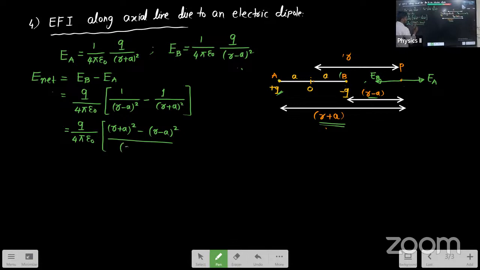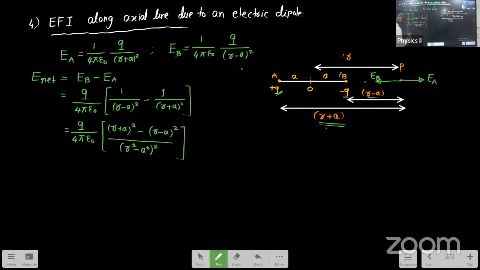What will it become? It will become (R square minus A square) whole square. Remember this. Many students will make a mistake here. You will be writing R square minus A square. If it is (A plus B) into (A minus B), it will become A square minus B square. But what is it here? (R minus A) whole square into (R plus A) whole square. It will become (R square minus A square) whole square.